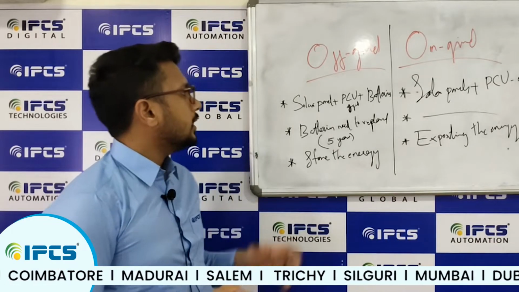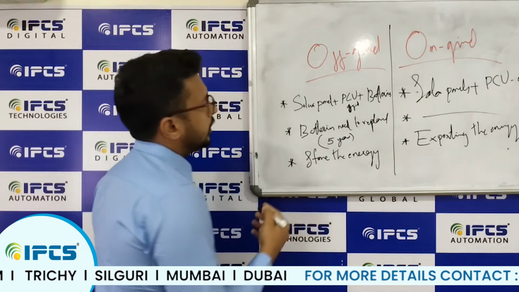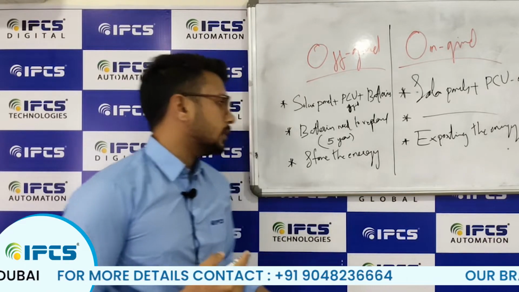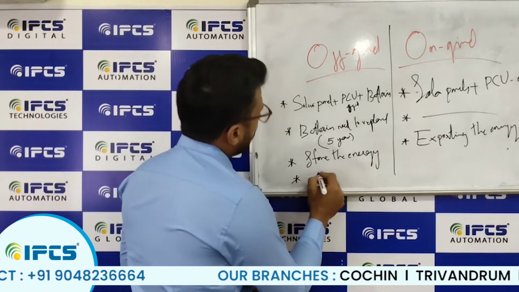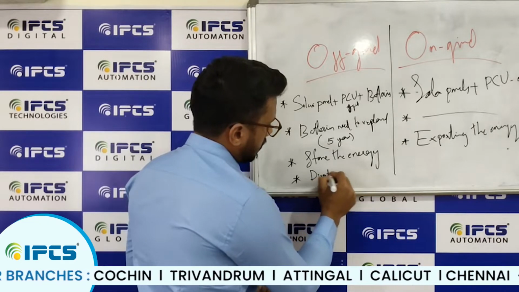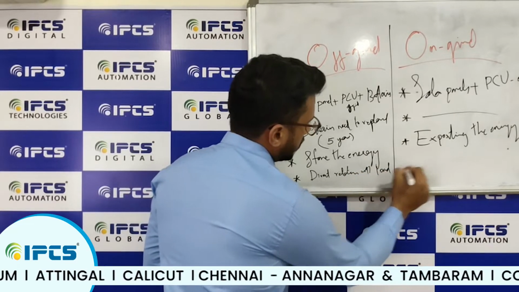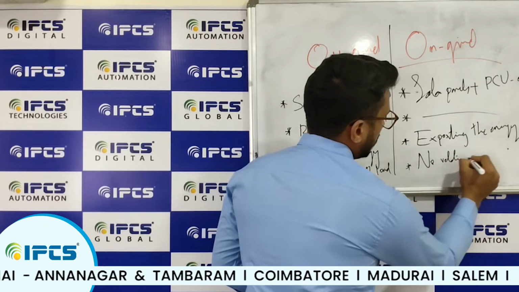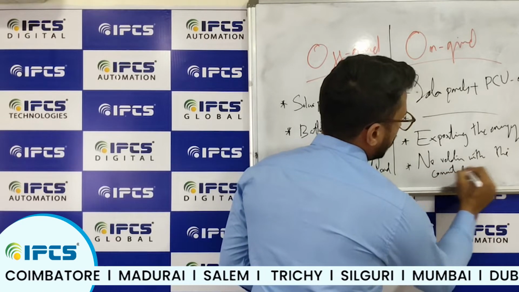Now these are the basic differences. In an off-grid solution there is a direct relation with the load. Here in on-grid there is no relation with the connected loads.